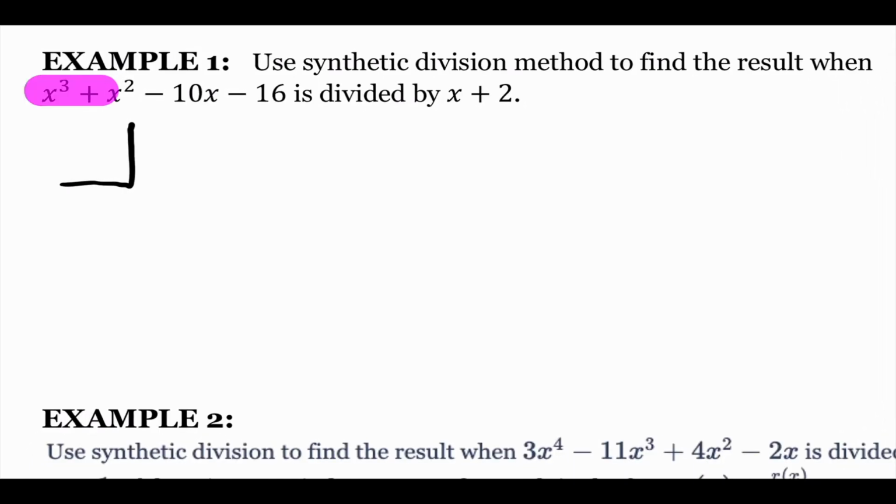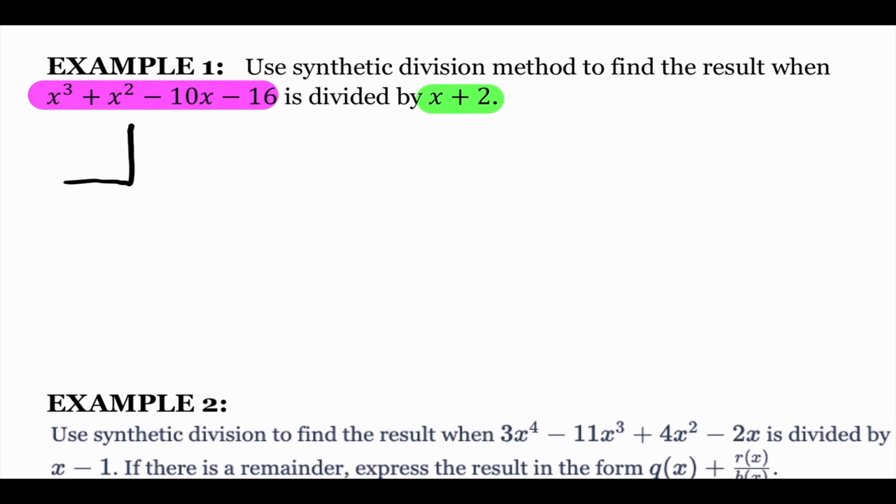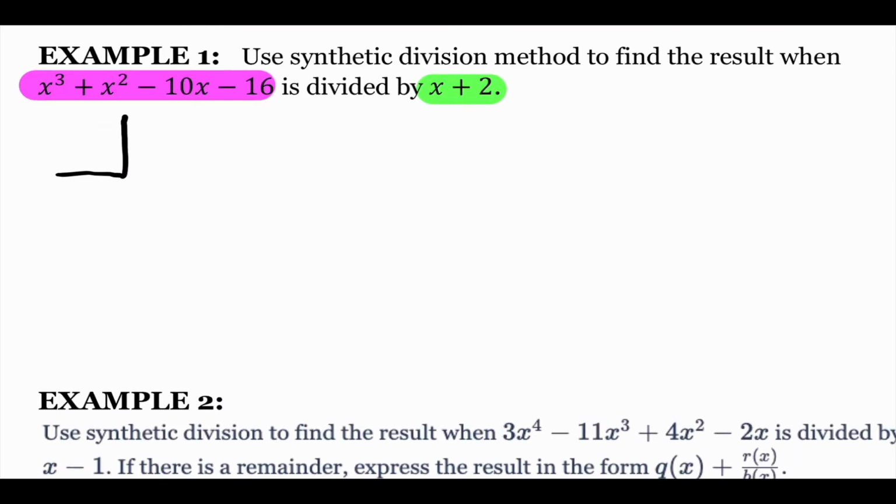Let me change colors here. Purple or green? Which one is the divisor? The green, right? If we were doing long division, the green would go in front, the purple would go inside the house. That's what we did yesterday and the last 2 days.